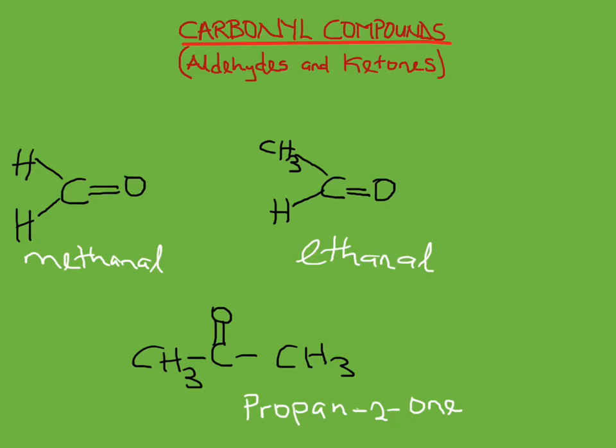For example, propan-2-one. You see that the carbonyl group is situated at the second carbon, the middle of the chain. In naming the ketones, the position of the carbonyl group must be emphasized. The aldehydes are terminal, while the ketones are not terminal.